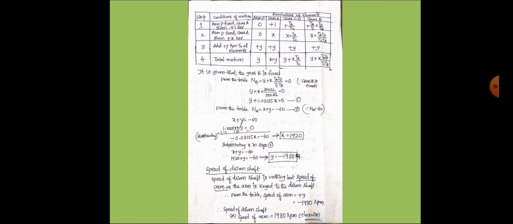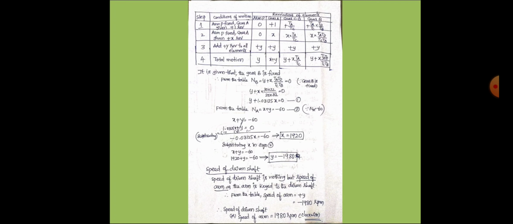Now, what is to be determined here? We have to determine the speed of the driven shaft. For the driven shaft, which element of the gear train is keyed or mounted? Arm P is mounted on the driven shaft.